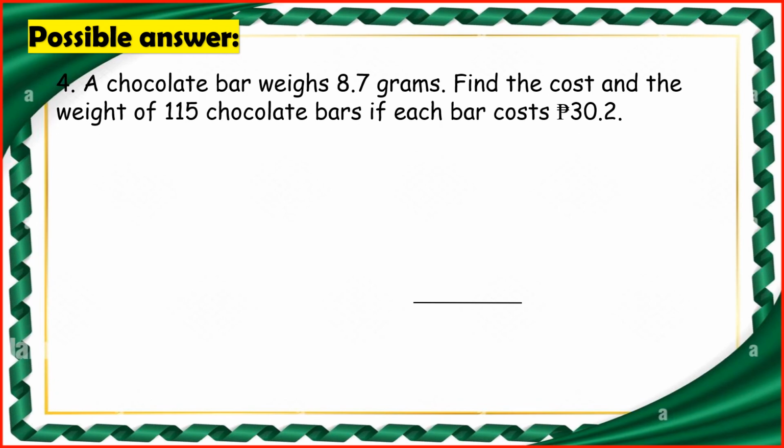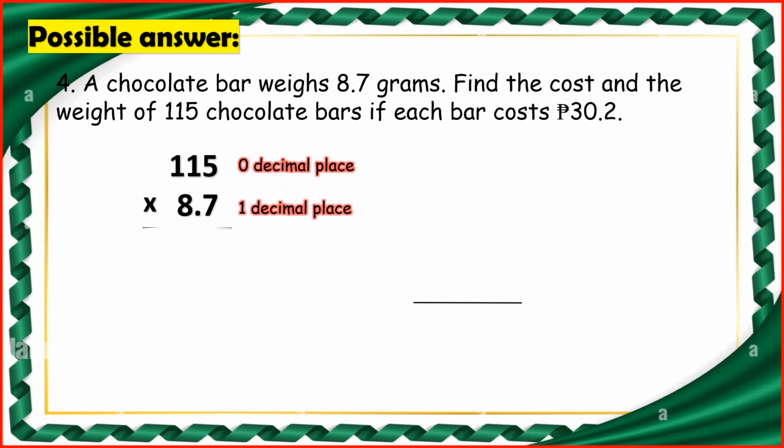Okay, so for problem number 4, a chocolate bar weighs 8.7 grams. Find the cost and the weight of 115 chocolate bars if each bar costs 30 pesos and 20 centavos. So for the solution, we will multiply 115, which has 0 decimal places, by 8.7, which has 1 decimal place.